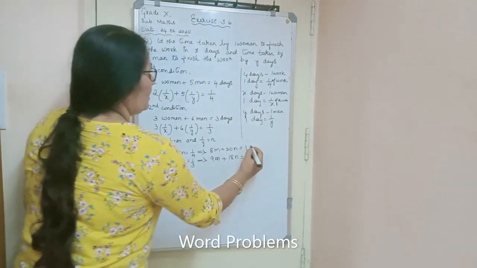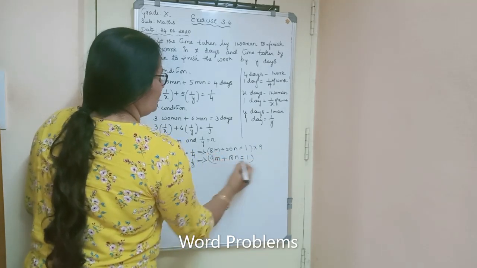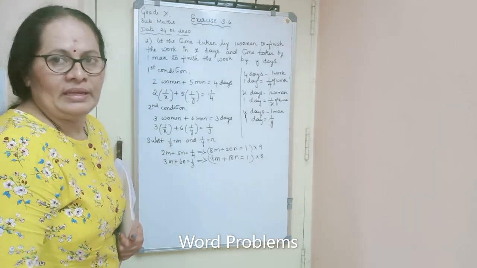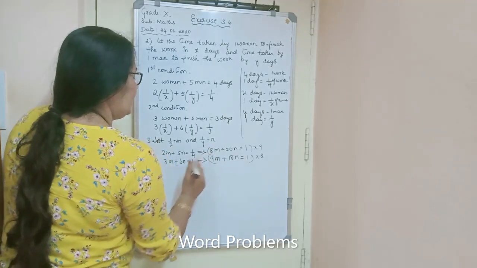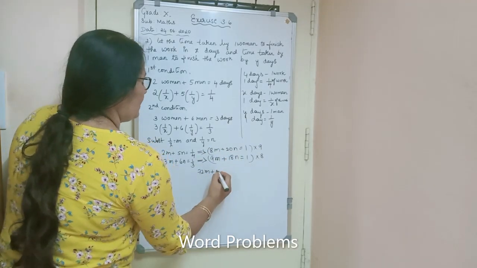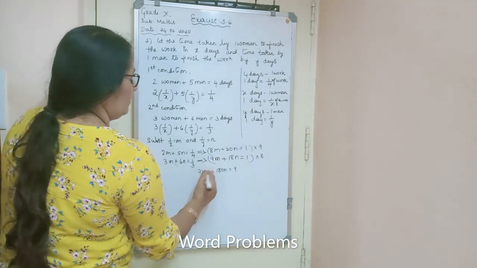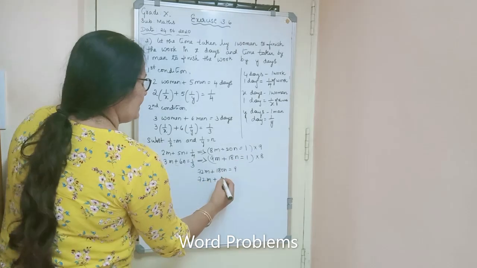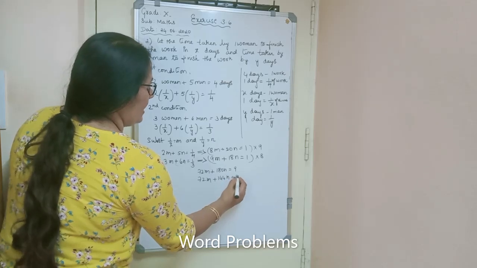To solve for m and n, I will multiply the first equation by 9 and the second equation by 8. You will get 9 8s are 72m, 9 2s are 18, so 180n equals 9. The second equation is 72m, 8 8s are 64... 8 6s are 48... 144n equals 8.